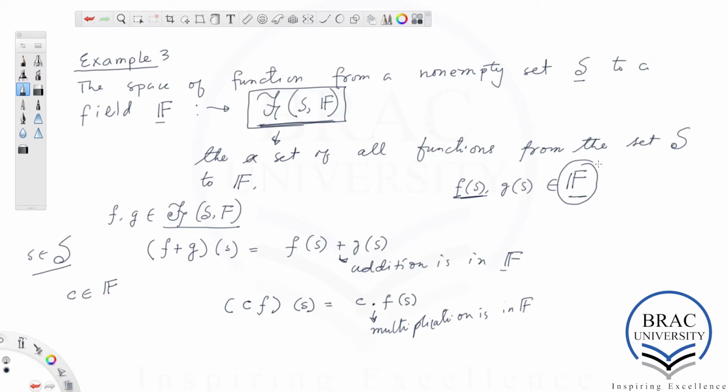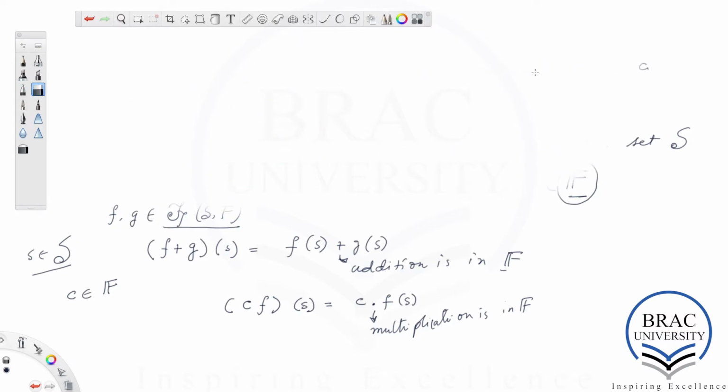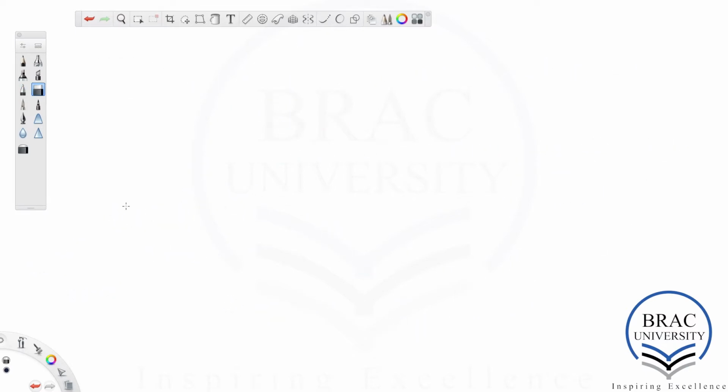Okay, good. Now the fourth example. Example 4 is about the field of complex numbers.